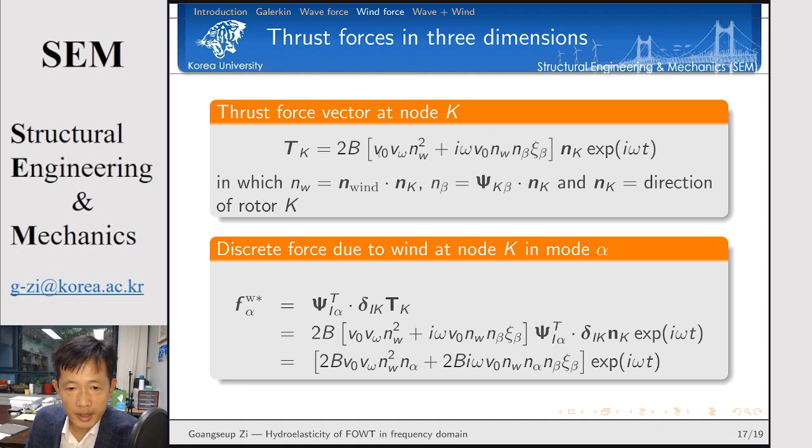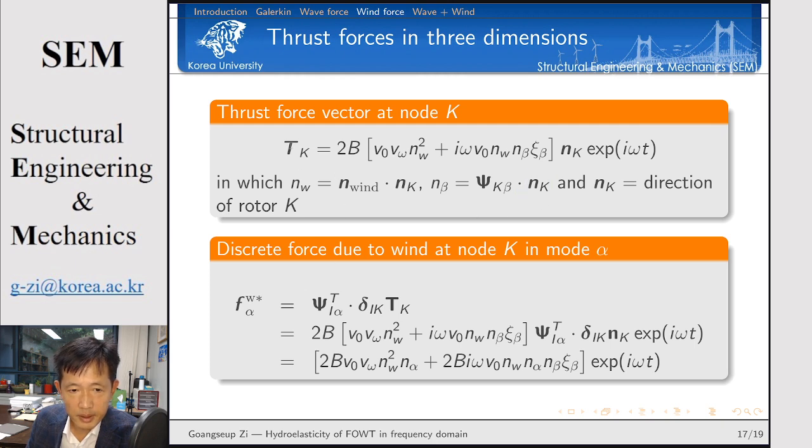Here v naught means the mean speed of wind, and then here vw is equal to the direction of wind times the direction of rotor, and then here n beta is, as I defined it, the modal displacement times the direction of normal in that direction.